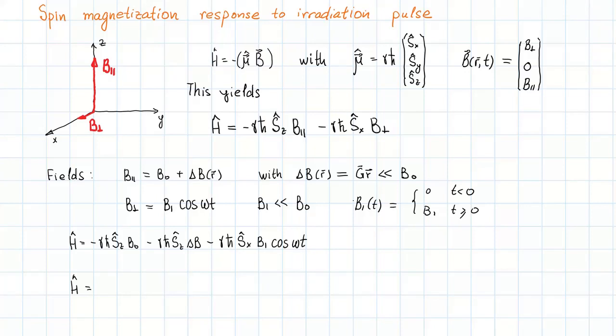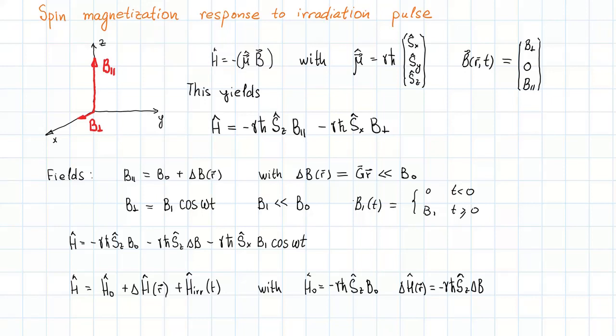It can be rewritten as a sum of three terms, H0, delta H and H irradiation. The first two, H0 and delta H, denote spin interaction with the stationary field, and the third term, H irradiation, corresponds to the spin interaction with the oscillating B1 field.